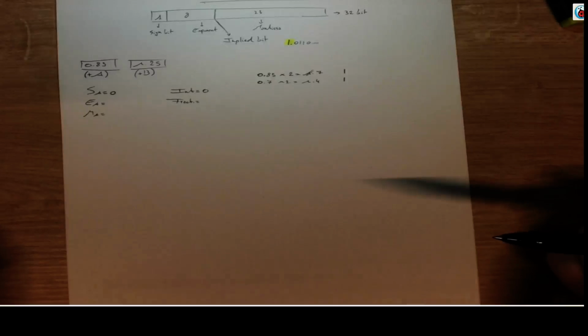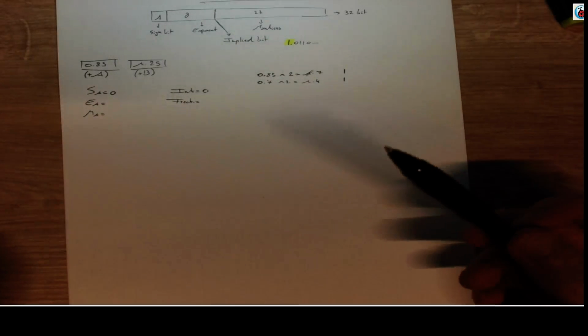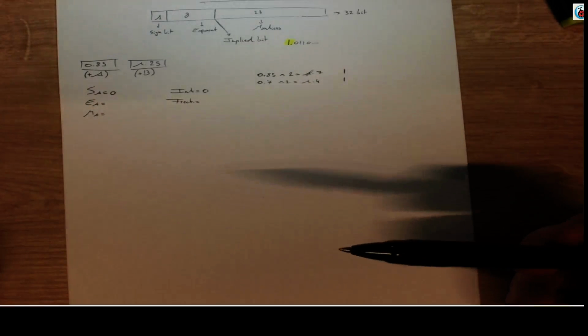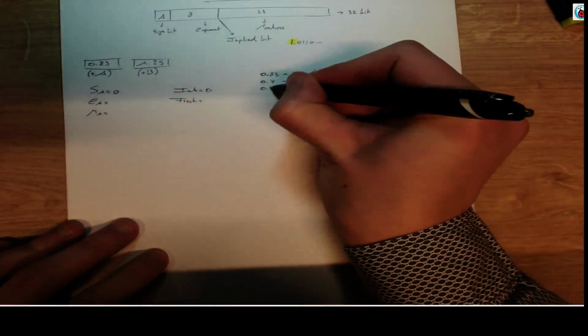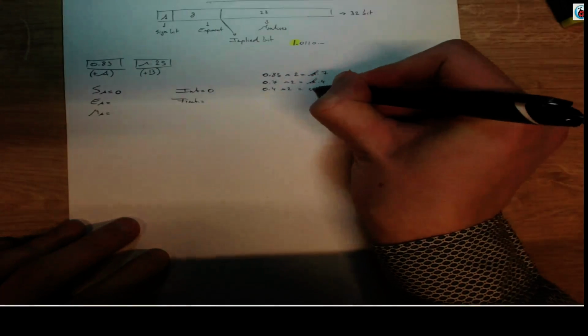When you don't have anything left, that means it's a finite number. It has a finite representation. Or it can also be an infinite representation, and what we do then is look until we have a repeating part. So I'll just keep doing this conversion. 0.4 times 2 is 0.8.